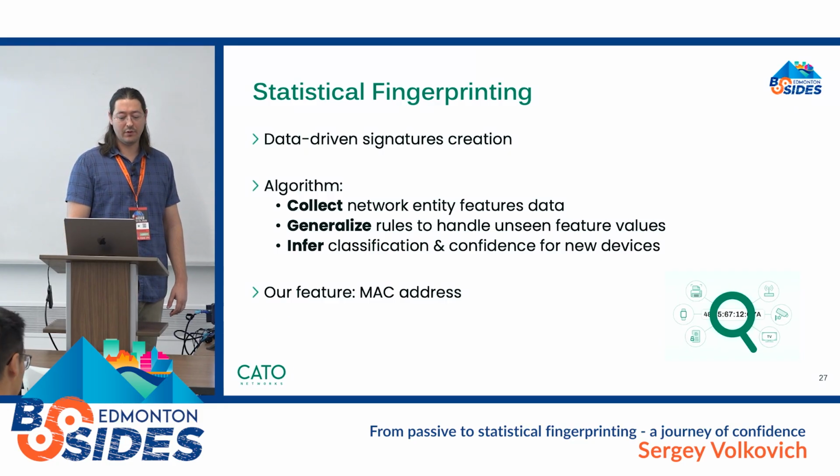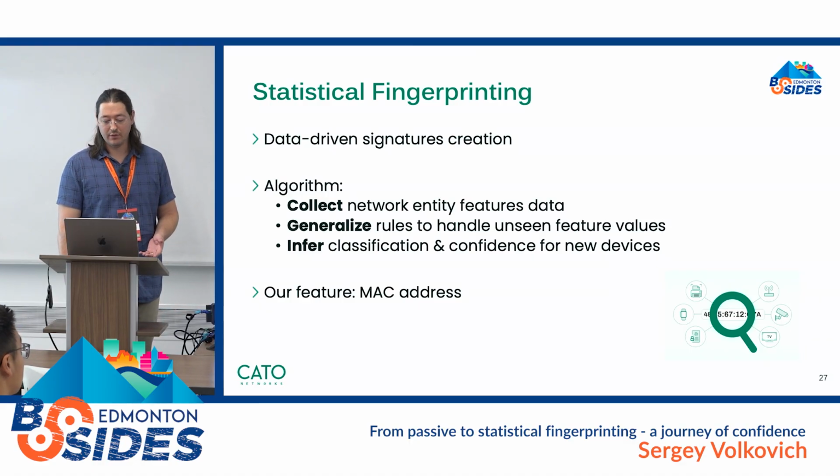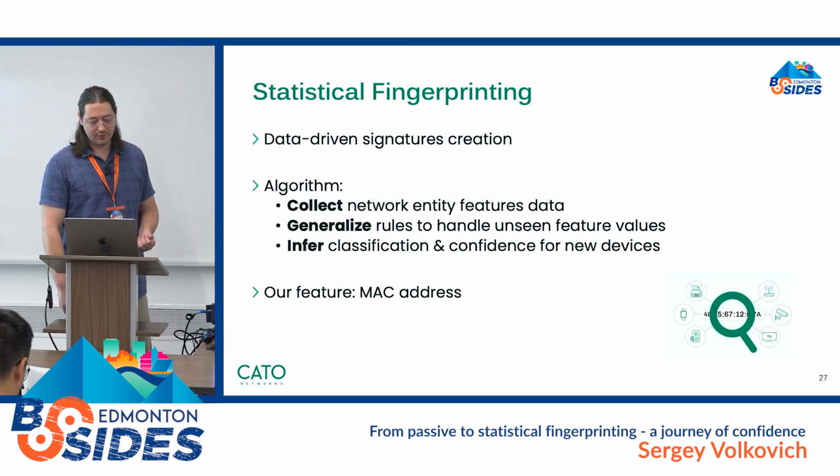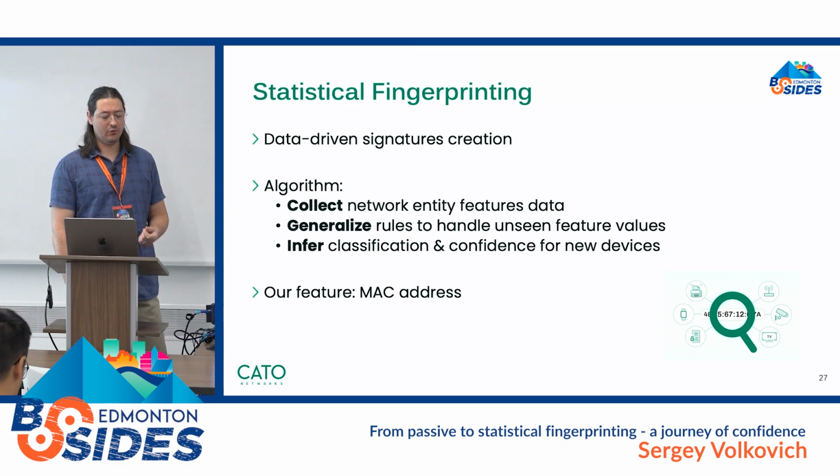First of all, we have to collect our data set, which contains some features of some network entity. Based on this data set, we will create rules which are generalized about unseen feature values.